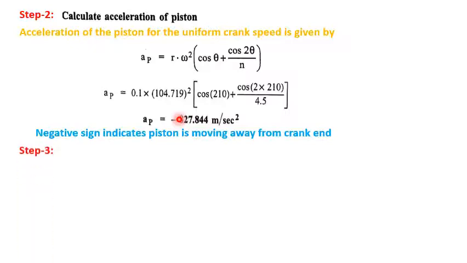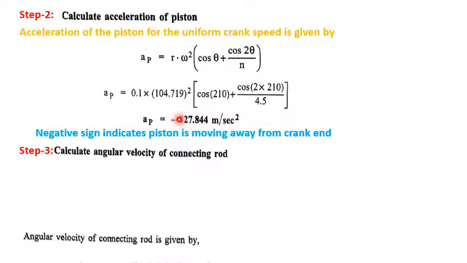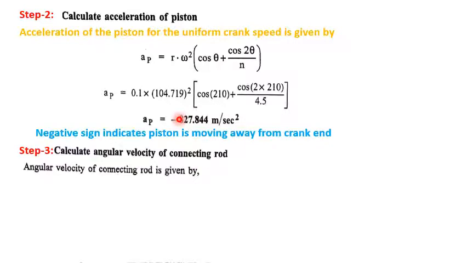In the third step we are going to calculate the angular velocity of the connecting rod, that is omega c. We know the formula. In the first lecture we have derived this equation: omega c is equal to omega into cos theta by n.